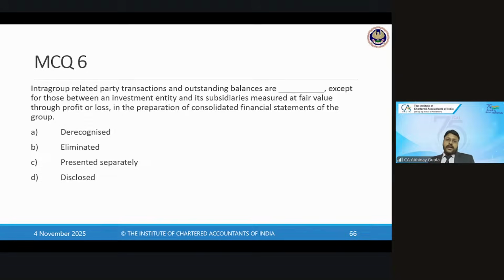Intra-group related party transactions and outstanding balances are, except for those between an investment entity and subsidiaries measured at fair value through profit and loss, in the preparation of the consolidated financial statements of the group, derecognized, eliminated, presented separately, or disclosed? Eliminated, correct. While preparing the CFS, you eliminate the transactions with the subsidiaries and the balances.